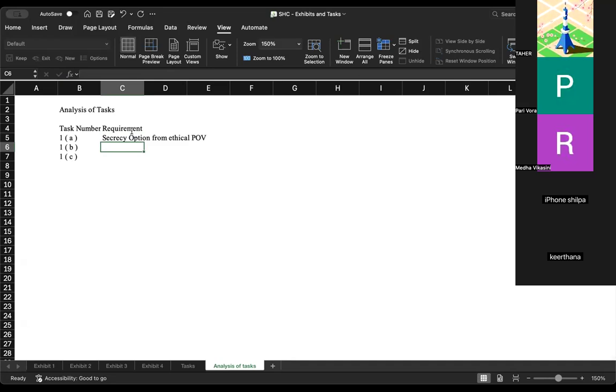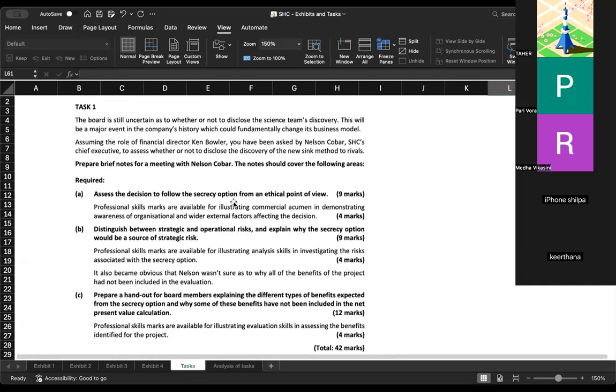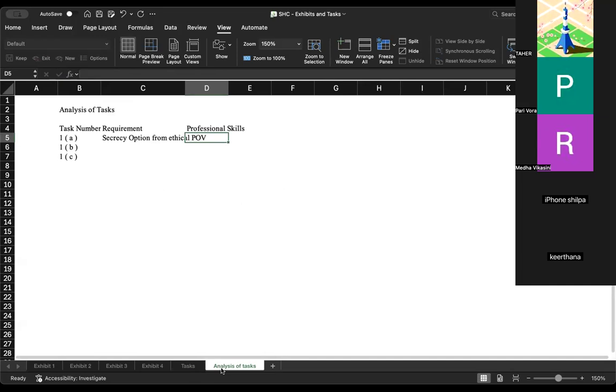Okay. Then you should note down what the professional skills are. Commercial acumen in demonstrating awareness of organization and wider external factors affecting decision. Now, commercial acumen is not left for you to interpret.